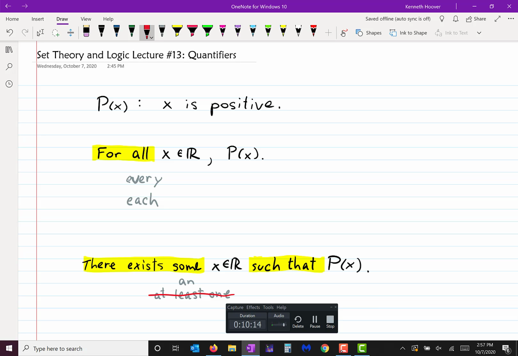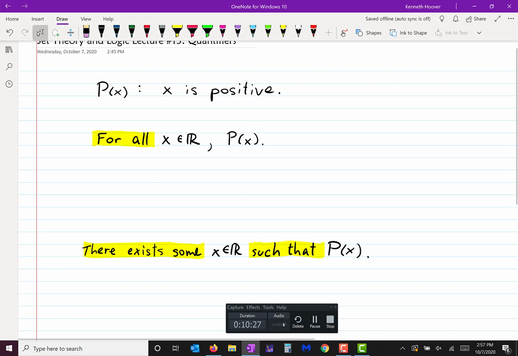Okay? Now, the book does something that I think is odd. I've not seen this before, and I'm not on board with this, and that is the author of the book, he leaves out the words such that, and he puts a comma there. To me, that's just grammatically wrong. It's not a question of logically right or wrong as much as it is a question of grammatically right or wrong.